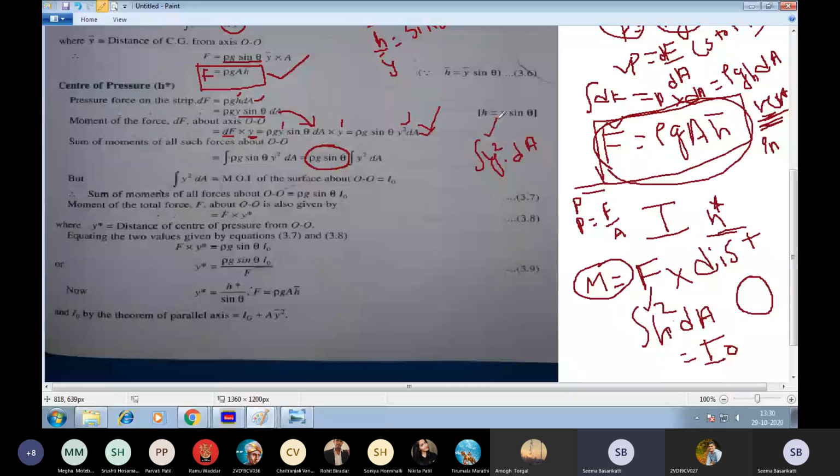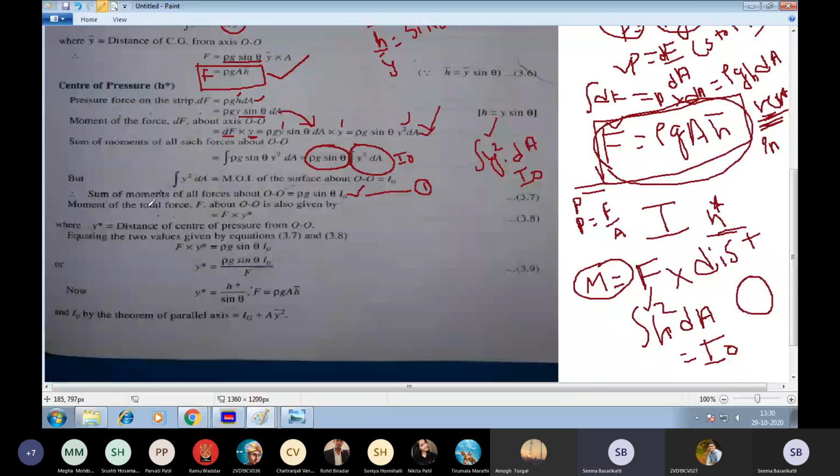Height square multiplied by the cross sectional area of the strip gives I naught, the moment of inertia. So the equation becomes rho g sine theta into I naught. Let us take this as equation 1.